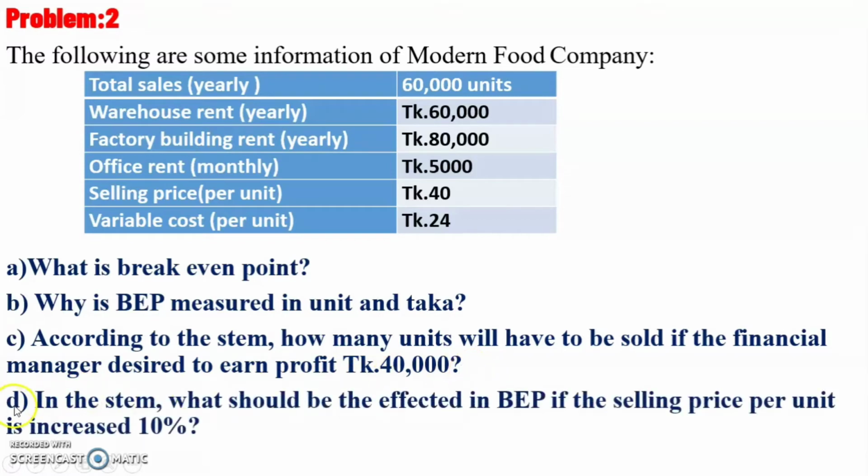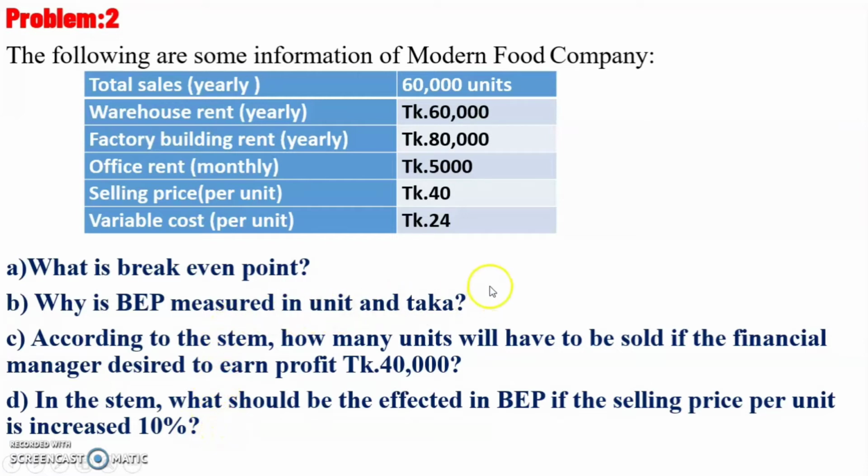And required D, in the stem, what should be the effect on BEP, that means break-even point, if the selling price per unit is increased 10%.